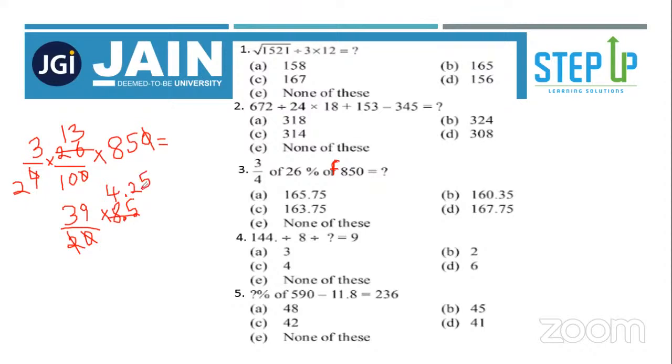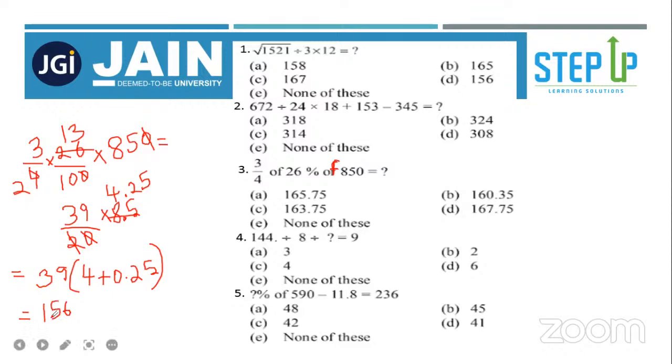Yes. So now 39 times 4 plus 0.25. You have to multiply. Now multiply the answer and tell me. 39 times 4, how much? 156.